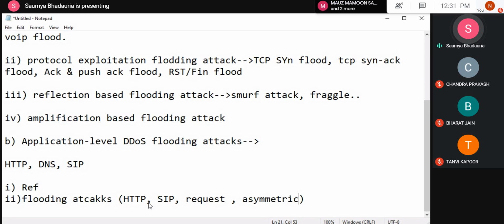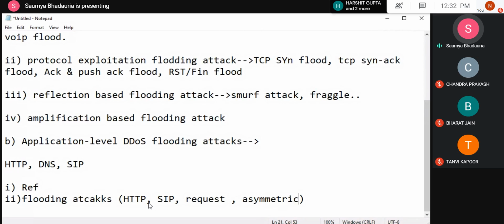The other thing is that another application level attack employs the reflection technique, which is there in the VoIP flooding, which we had considered previously. This attack is a variation of an application specific UDP flooding, where the attackers usually send spoofed VoIP packets through SIP, which is actually part of your application level.